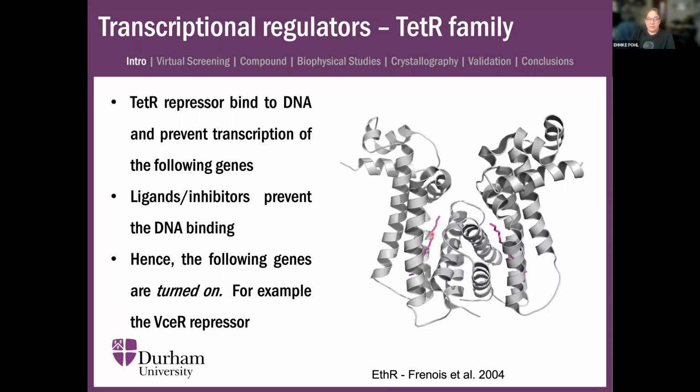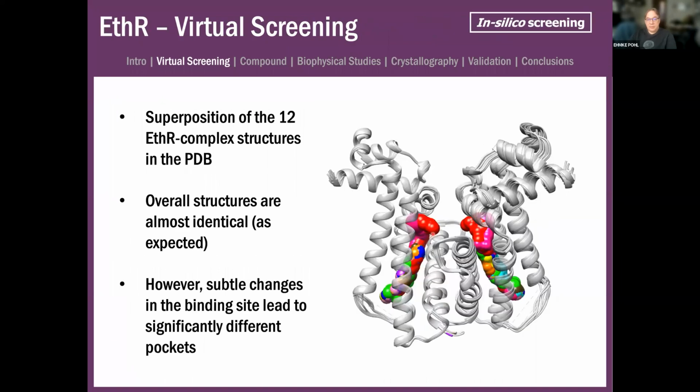When we joined the project, there were already 12 ETHR complex structures in the protein database. The first thing we did was look at the different structures and superimpose them. As you can see, they look almost identical. To most scientists they would look completely identical, and people would think, we don't learn anything from those crystal structures.